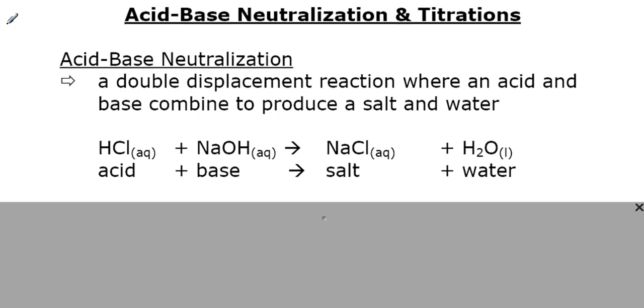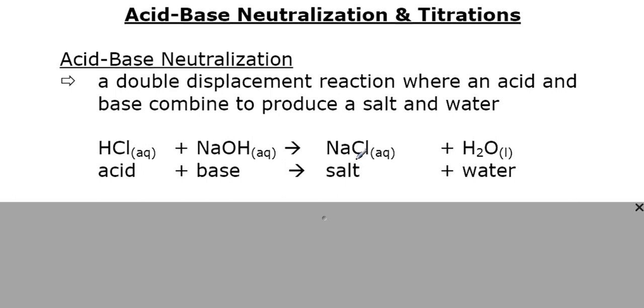This was first introduced to you probably in grade 10, and then we did a little bit on it back in our second unit on chemical reactions. It's a double displacement reaction where an acid and a base are your reactants. And when they react together, they always produce two distinctive things. One is a salt, and the other one is water.